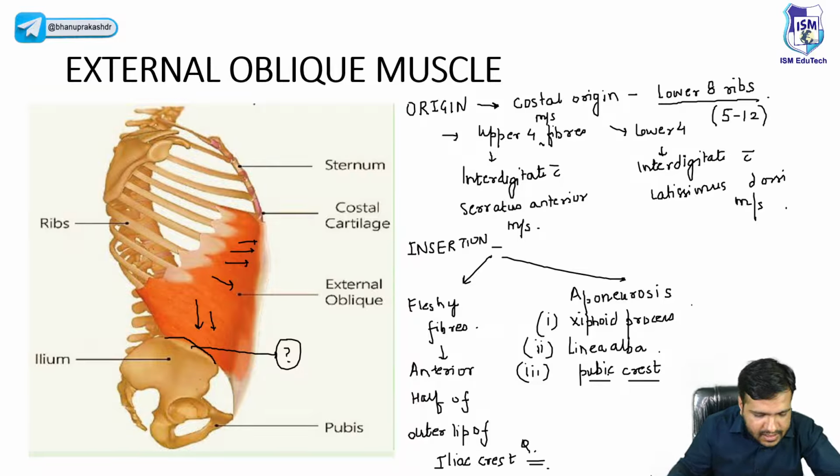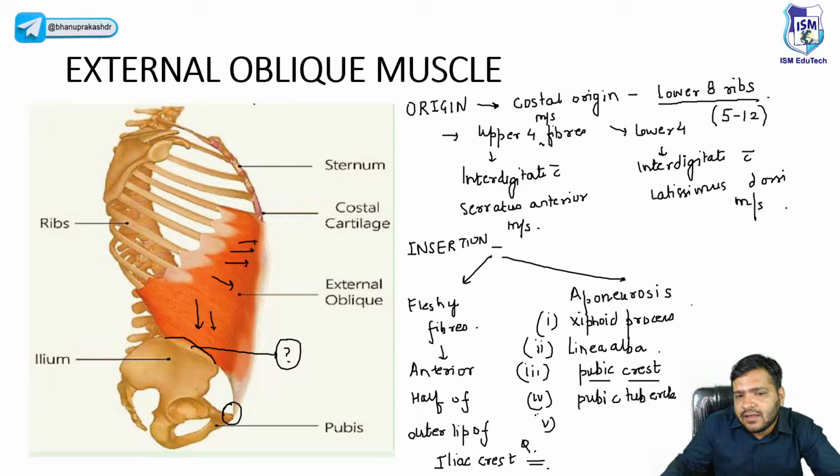We have the pubic tubercle; you can see the pubic crest, pubic tubercle, and anterior superior iliac spine, right?